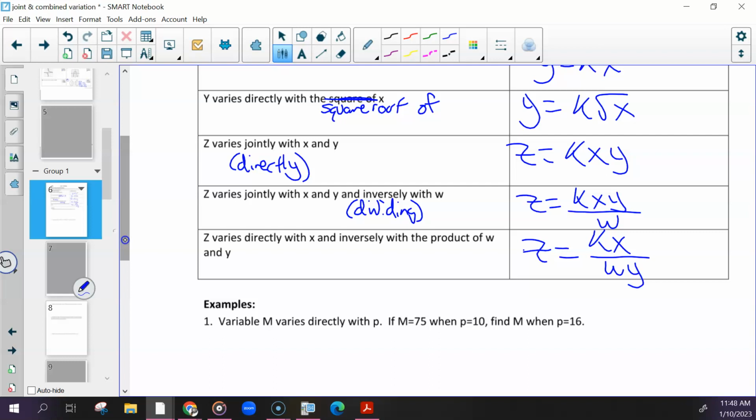Z varies, z equals. Directly with x is going to be your k times x. And then inversely, we're dividing, and we're multiplying w and y together. So once you know how to set it up, then the problem becomes a little easier to solve.